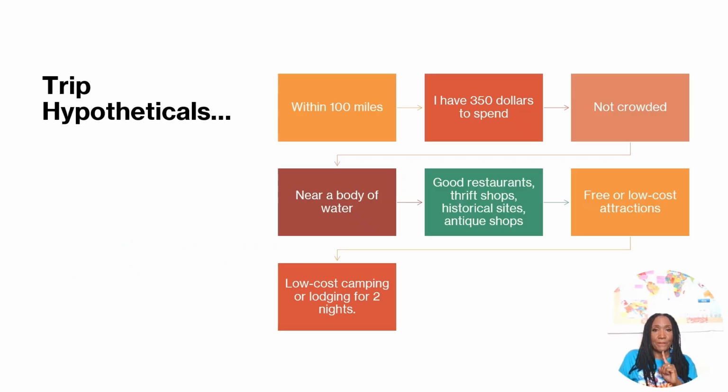So let's see. Again, our hypotheticals for this journey are within 100 miles, $350 to spend, not crowded, near a body of water, good restaurants, free or low-cost attractions, and low-cost lodging. Let's see what our search engine revealed.